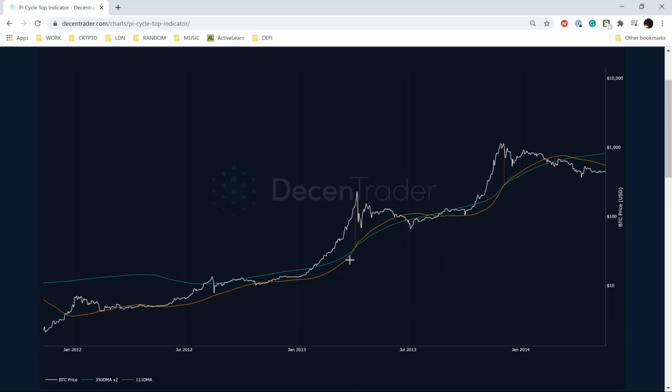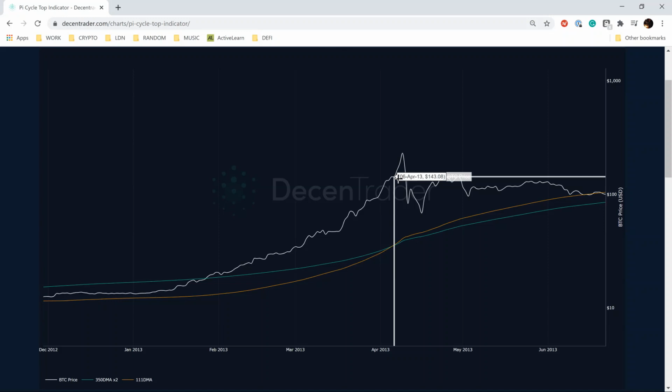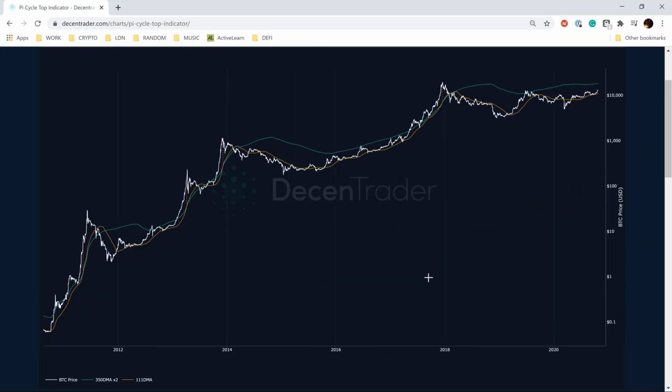Literally like three days later we topped out. So we crossed, and then we topped on the 9th, so 3 days later. Really interesting tool here in terms of how it seems to pick out these market cycle tops.